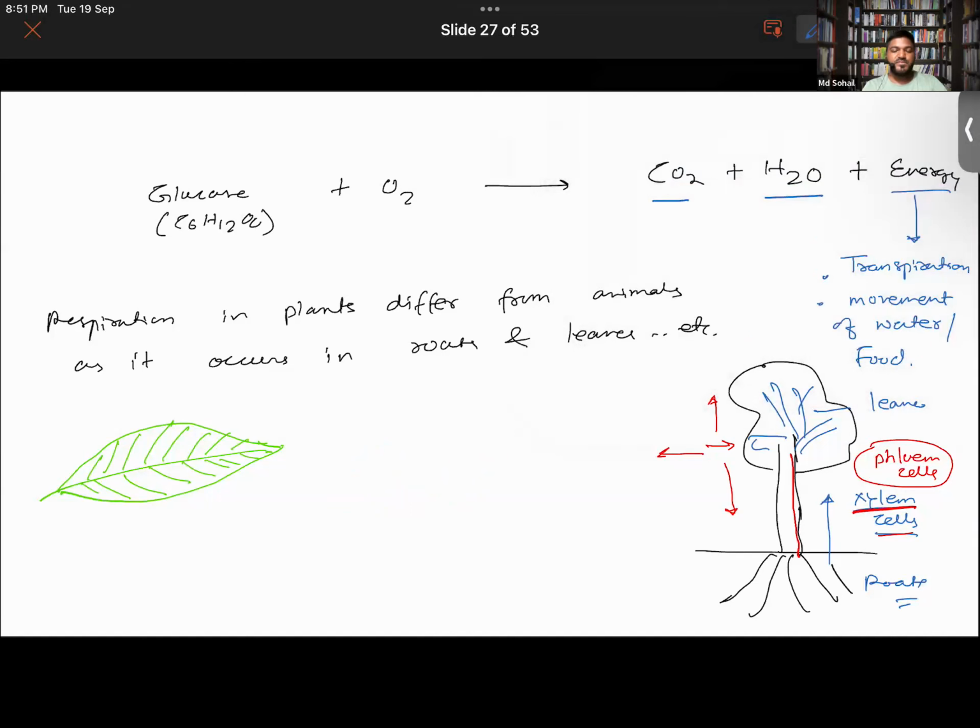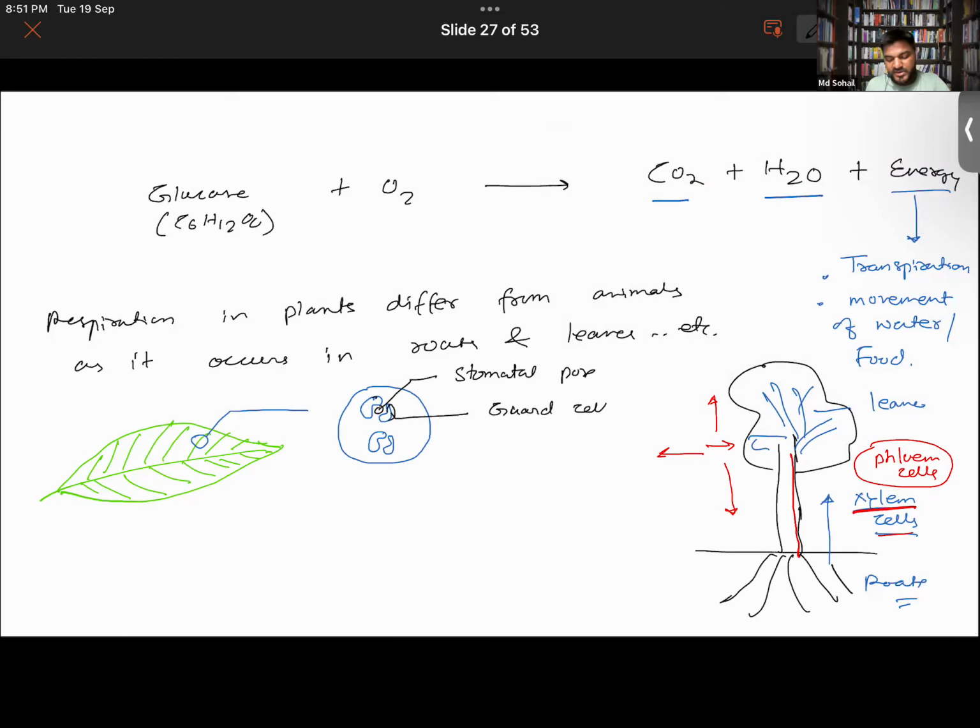Now, if I were to take a small portion out of it and make a slide of it and view it under a microscope, I will see structures inside it that look like this. This here is the stomatal pore. And these bean-like structures that you are seeing are the guard cells.